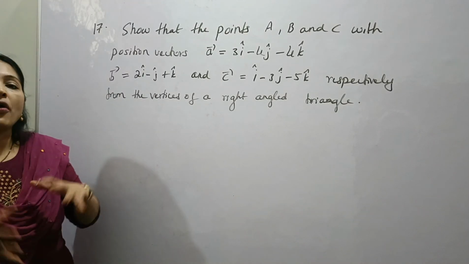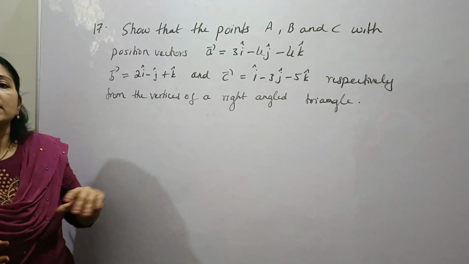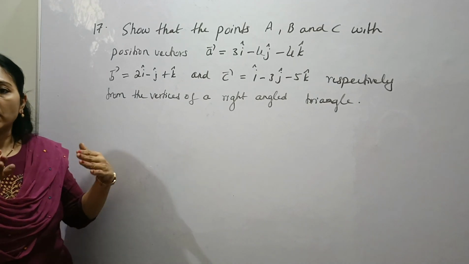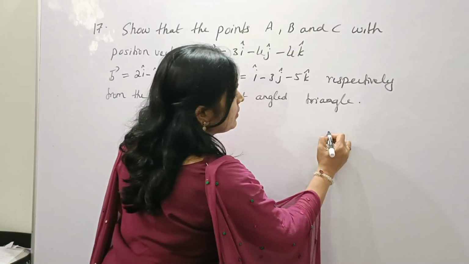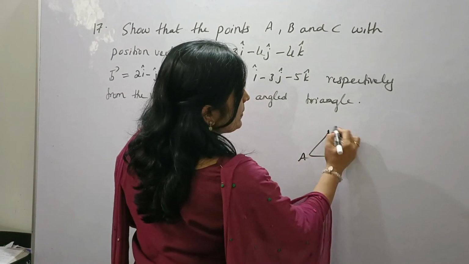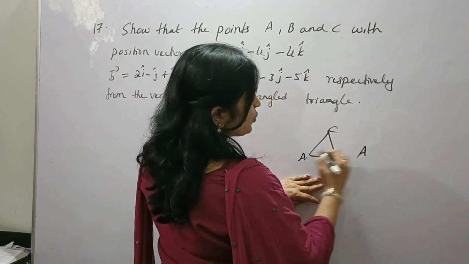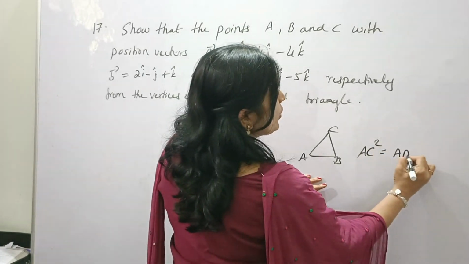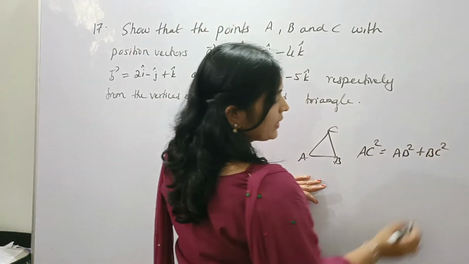The characteristic of a right angle triangle is the Pythagoras theorem. If it is a right angle triangle ABC, then we have to prove AC square is equal to AB square plus BC square, right?